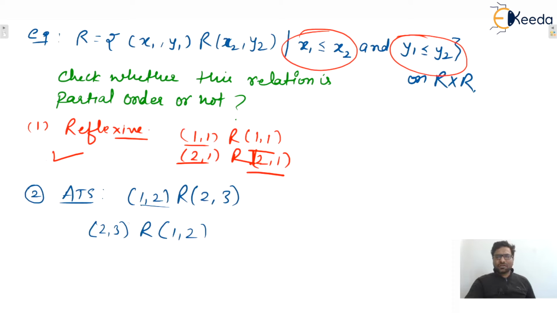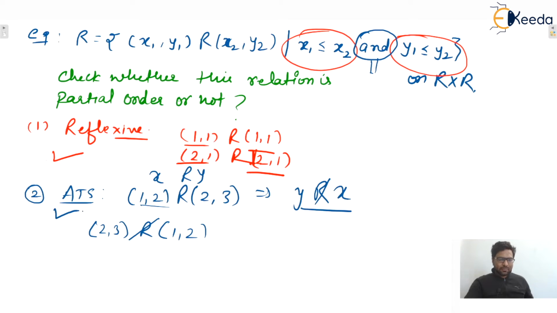Even if one condition fails, the relation will not exist, because here the 'and' condition is there. That means both conditions must be true simultaneously, then only there will be a relation. So (2,3) will not be related with (1,2). So if x is related to y, then y is not related to x. That's why this is antisymmetric.